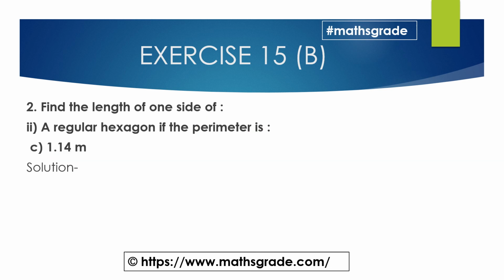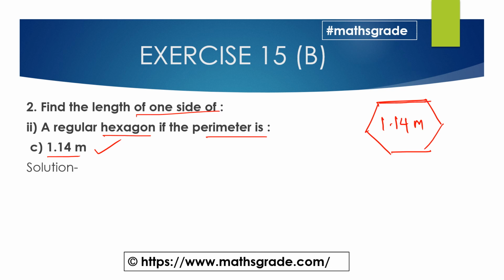Now we solve the next bit. Find the length of one side of the regular hexagon if the perimeter is 1.14 meter. This is a hexagon, and it is given that the perimeter of the regular hexagon is 1.14 meter.